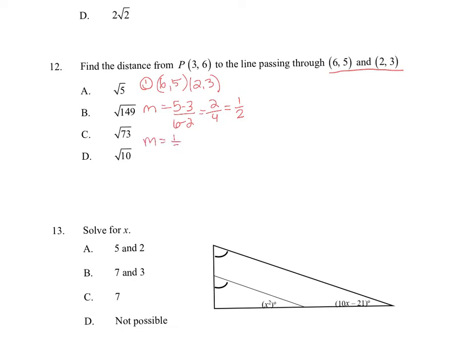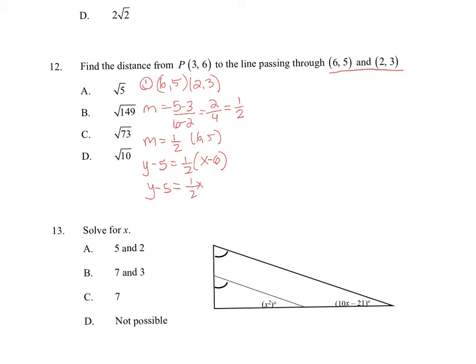I need to write the equation, so I'm going to use the slope of 1/2 and then one of the ordered pairs to do point slope form. So we have y minus 5 equals 1/2 times the quantity x minus 6. I'm going to solve for y and put it into slope-intercept form.